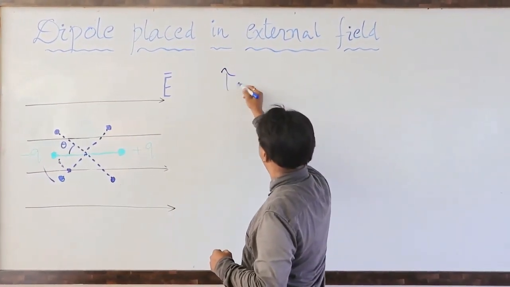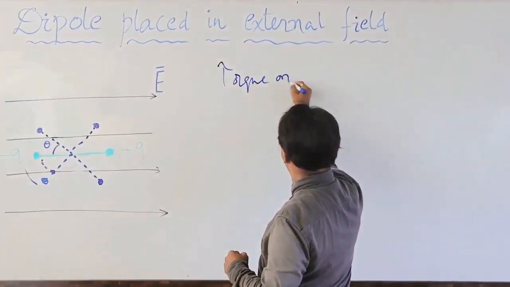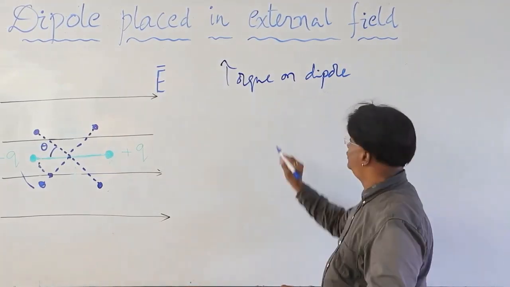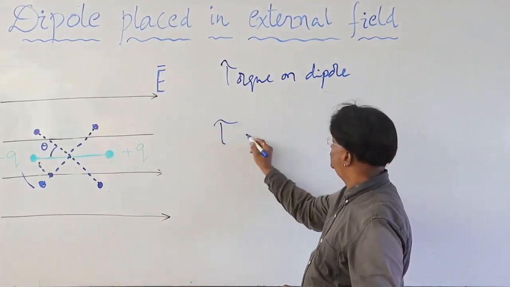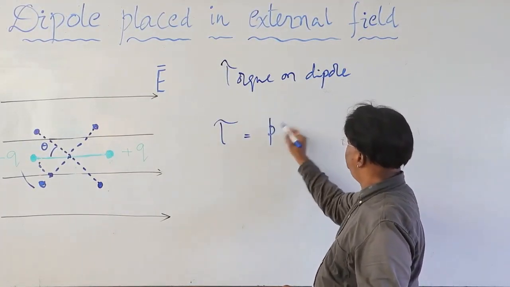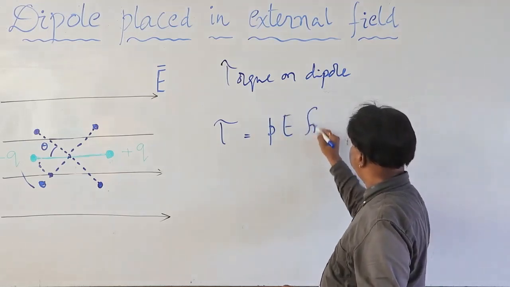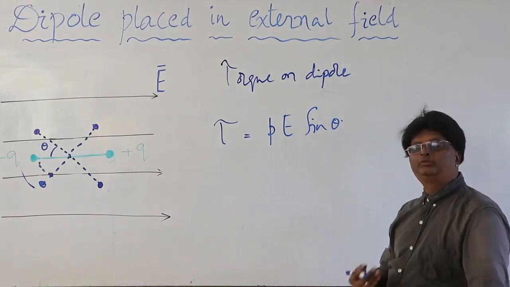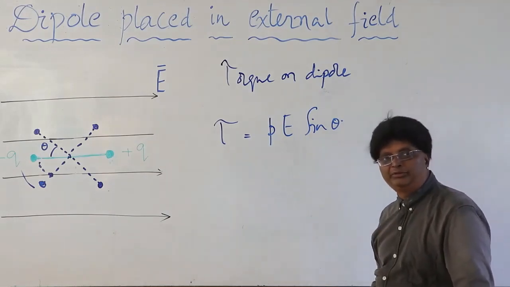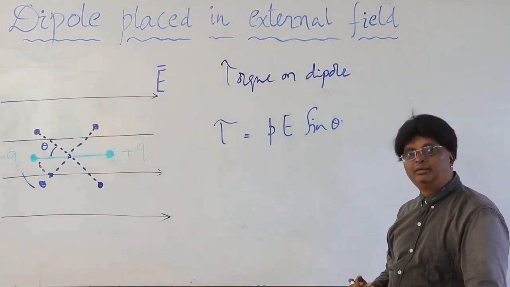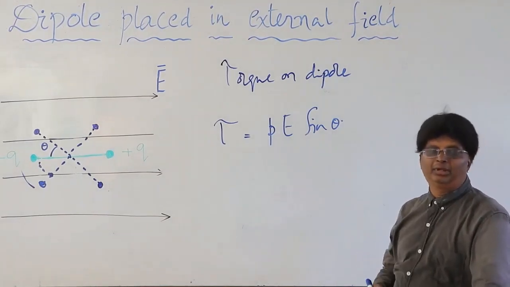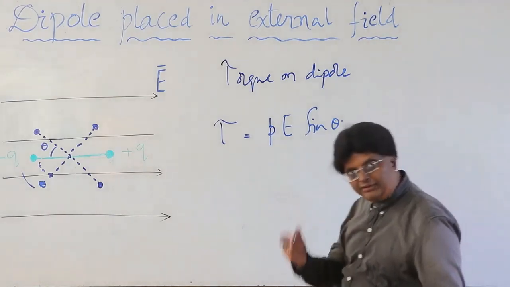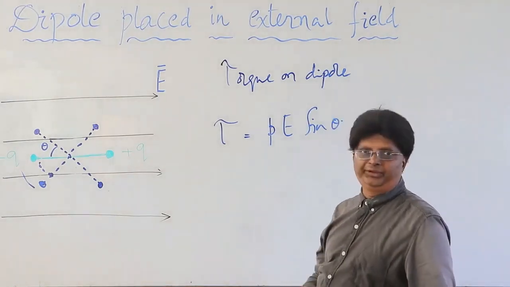Torque on dipole. We will write it as tau is equal to PE times sin theta. Take one simple mathematical approximation: when theta is very small, sin theta can be taken as theta. Also tan theta can be taken as theta.